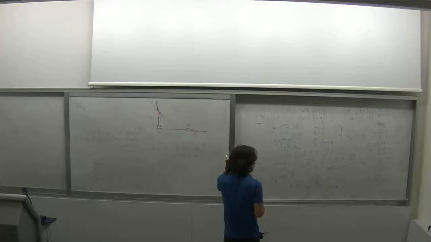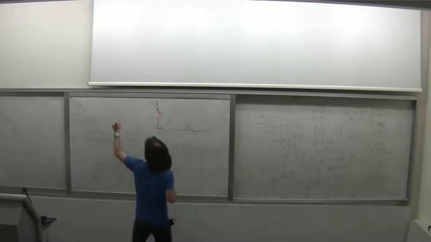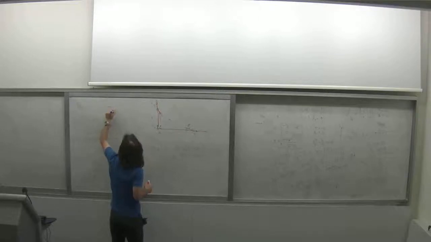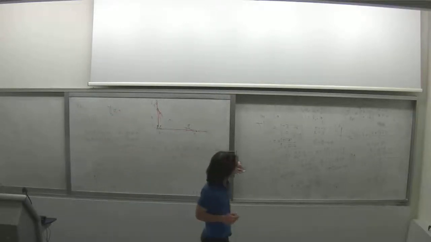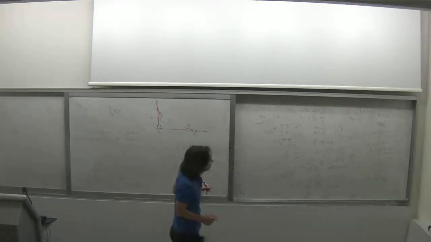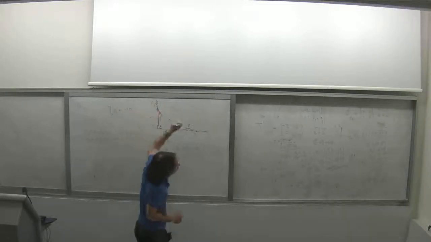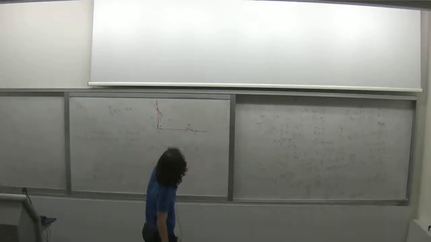So J times v1, say minus 1 plus 2 plus square root of 2.